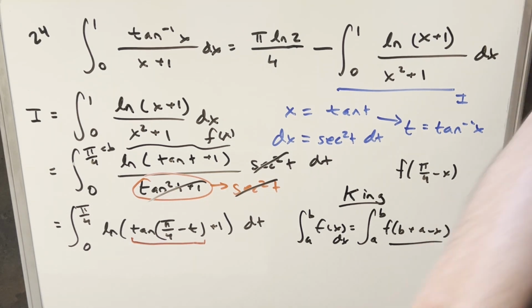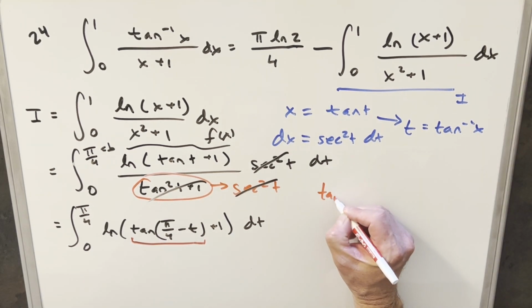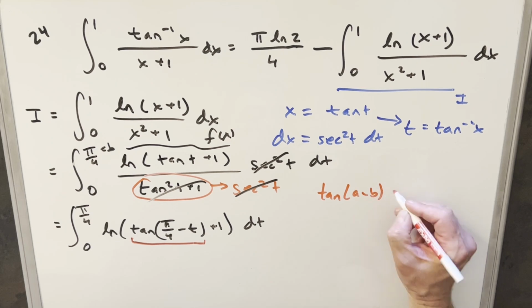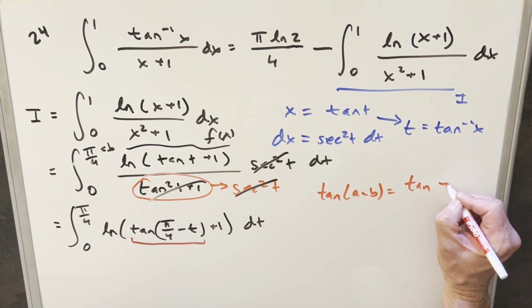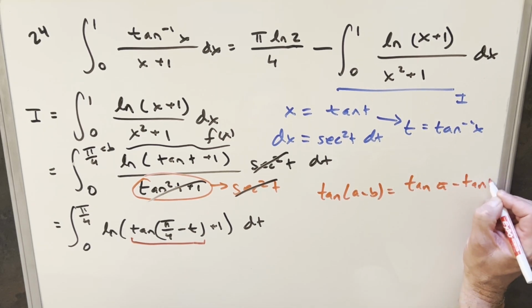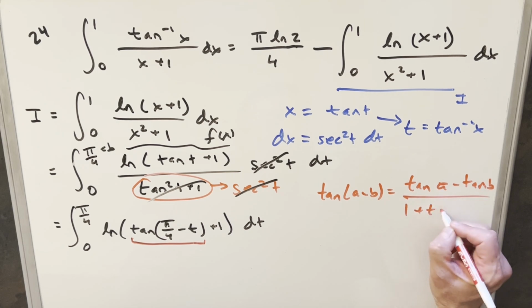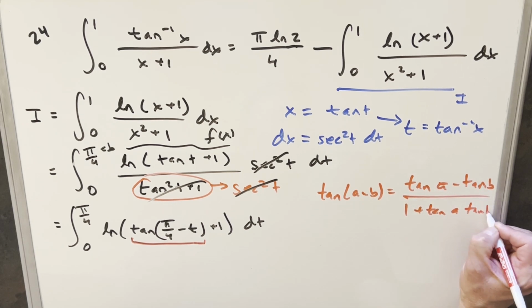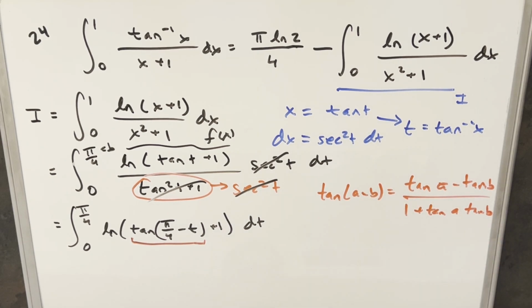For tangent, what we're going to need is tangent of a minus b is going to be the same thing as tan a minus tan b over 1 plus tan a tan b. That's kind of messy. I should do a better job with that. But anyway, let's just use this formula over here, plugging everything in, because our a value is going to be pi over 4, our b value is going to be t.